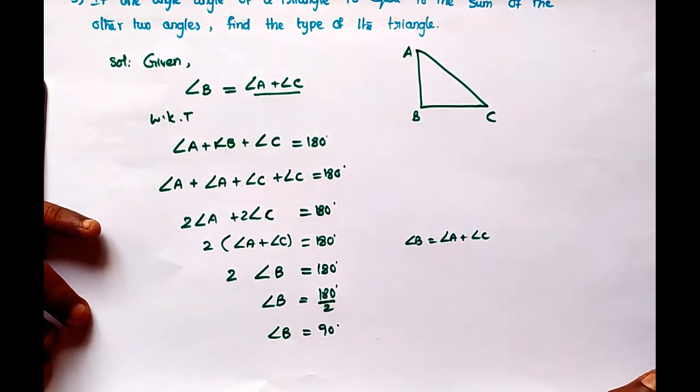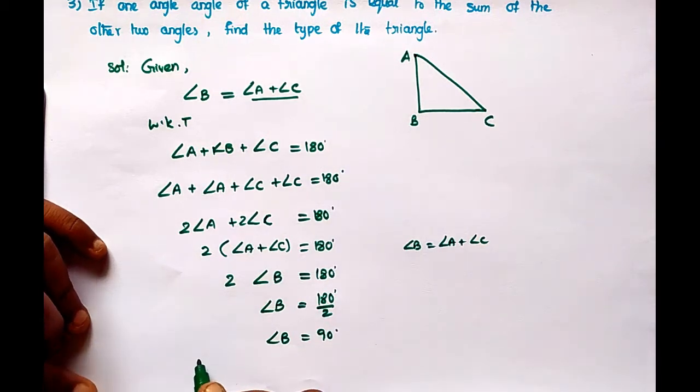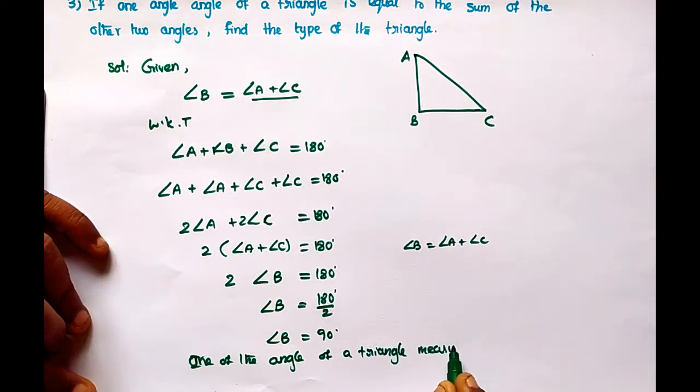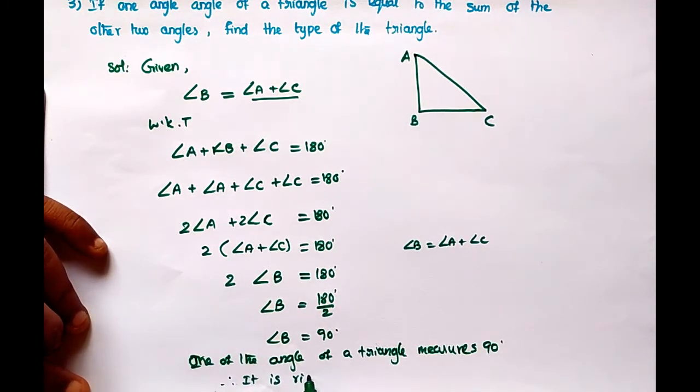Listen, one angle of a triangle measures 90 degrees. So therefore it is a right angled triangle.